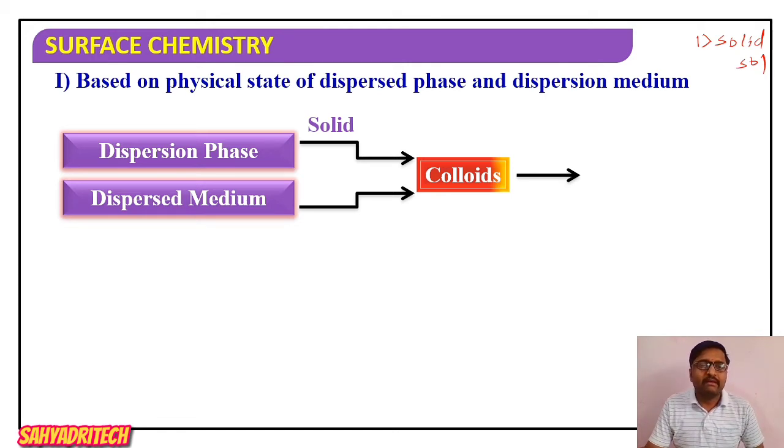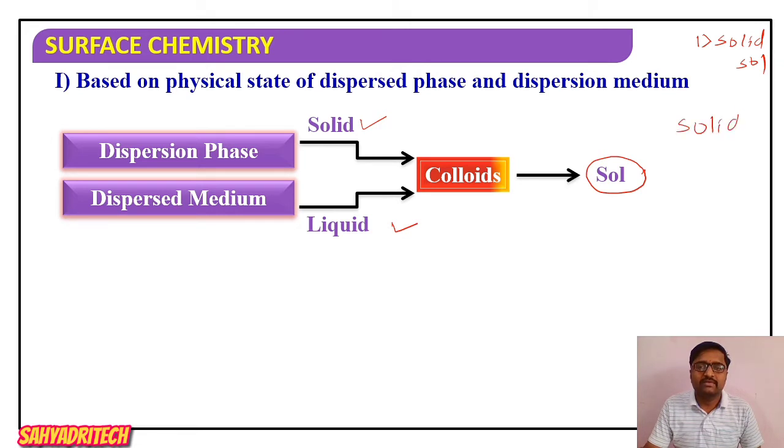Now the second type is when dispersed phase is solid and dispersion medium is liquid. Then the resultant colloid is called sol. What do we call the resultant colloid? We call it sol, S-O-L. Solid in liquid, so the resultant will be sol. Please try to understand it.